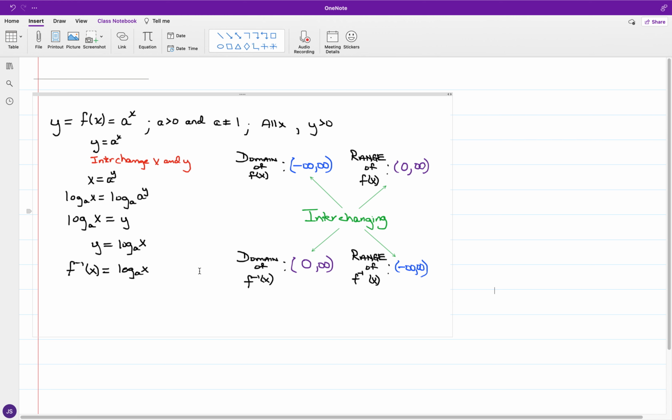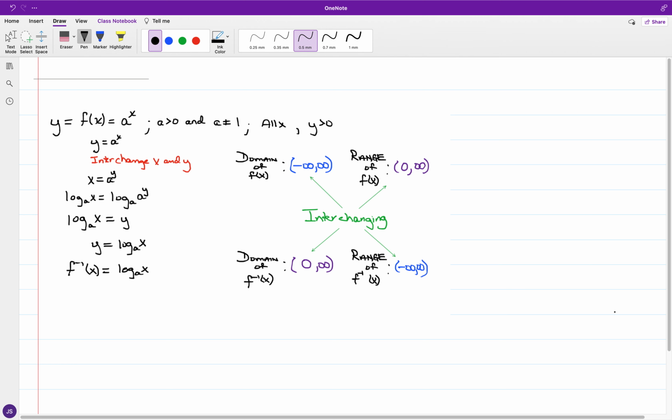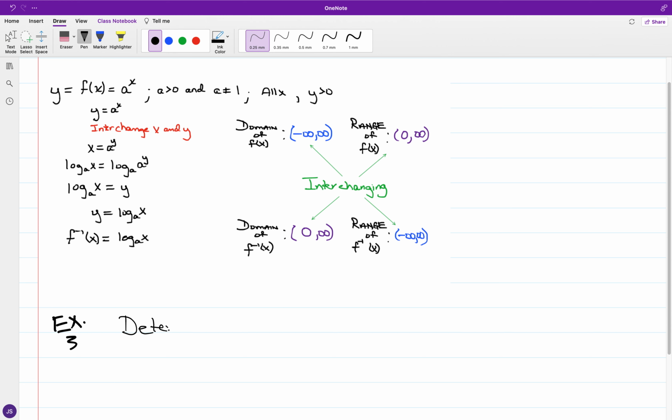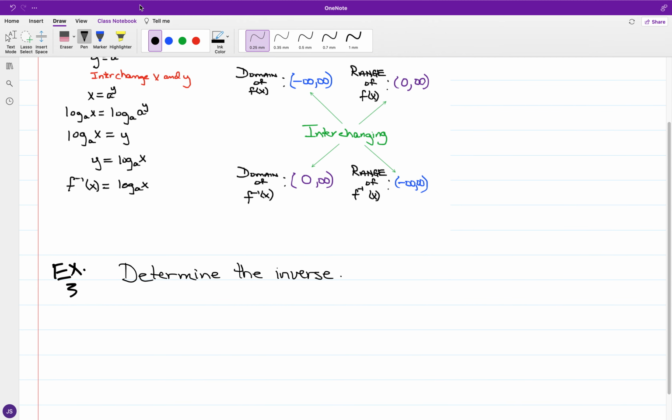Now let's look at examples. If I were to determine the inverse of the following, I'm going to include the domain and the range of everything, the one-to-one function as well as the inverse.